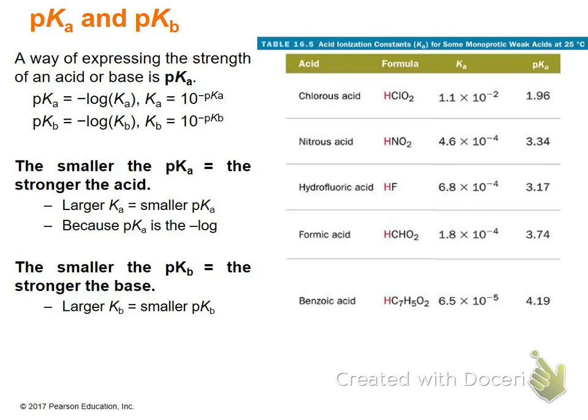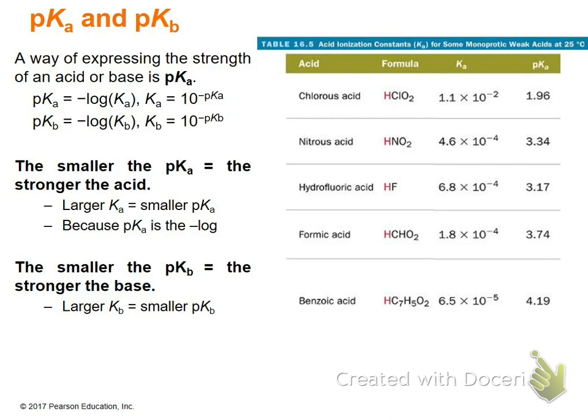Okay. Now, if you compare chlorous acid with another weak acid, a weaker acid, down here at the bottom, benzoic acid, you can see that the Ka value is lower than that of the chlorous acid. So the Ka value is 6.5 times 10 to the negative 5, and so you know that it's a weaker acid.